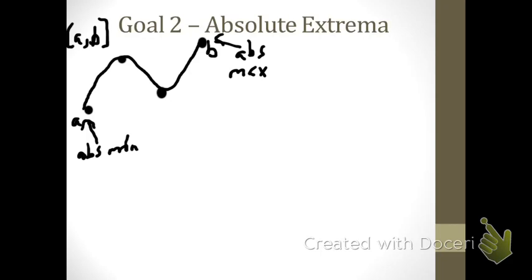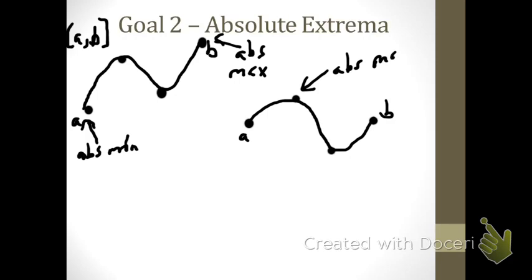Consider this graph. You can see on this graph, if I'm going from a to b, that the absolute maximum occurs at one of the critical values, and so does the absolute minimum. And then, of course, it's also possible that you can get a situation where you have a maximum occur at one of the endpoints and a minimum occur at one of the critical values, or vice versa.